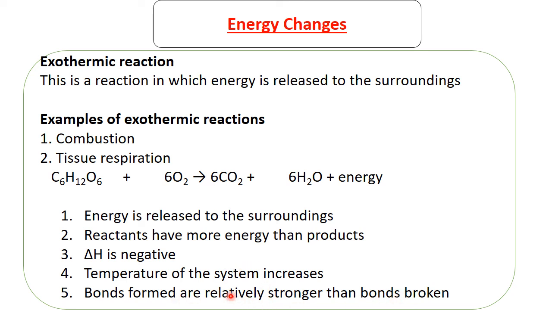When bonds have been formed, energy is given out to the surroundings. If there are any bonds that have been broken, the energy needed to break those bonds is going to be less than the energy needed to form bonds.